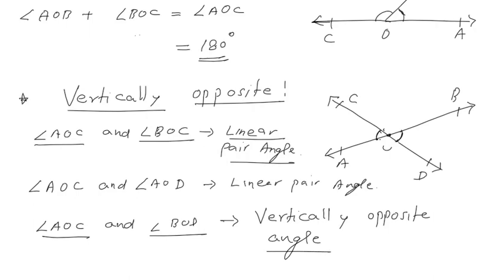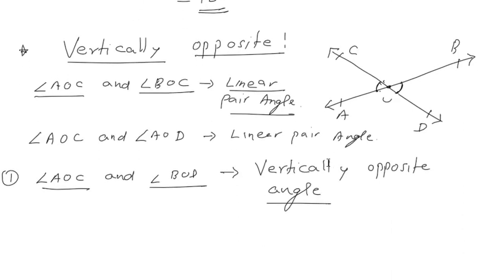So I have given one pair of vertically opposite angles. Can you give me one more pair of vertically opposite angles in this diagram? Yes? Angle AOD, if you take this angle AOD and angle BOC, what do you say about angle AOD and angle BOC?